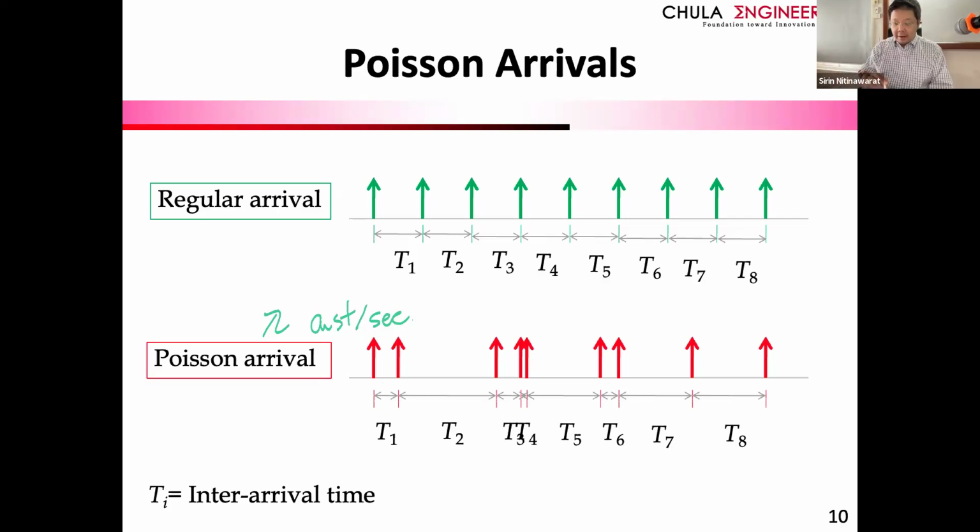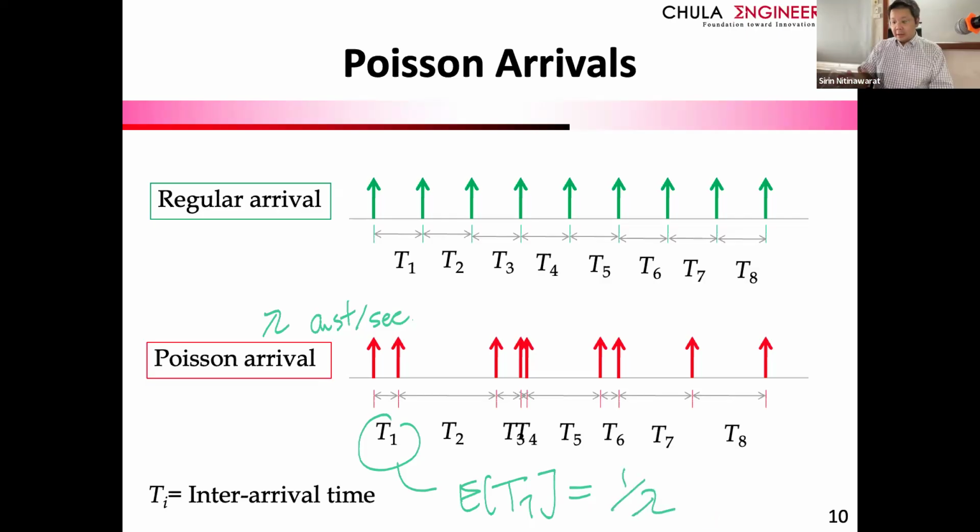Then what should be the size of each t? So each t should have a mean of what as a function of lambda? They are the same, right? So why not 1 over lambda?